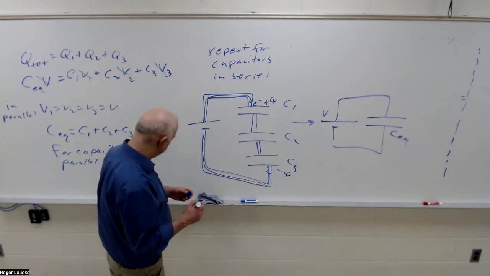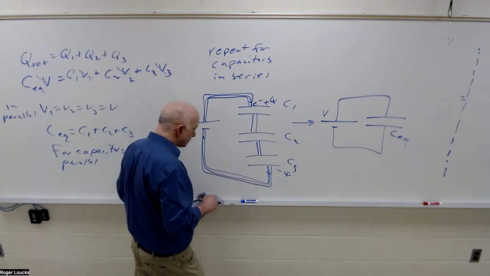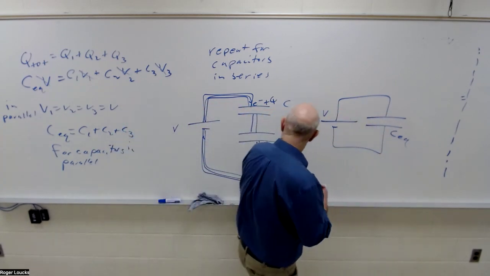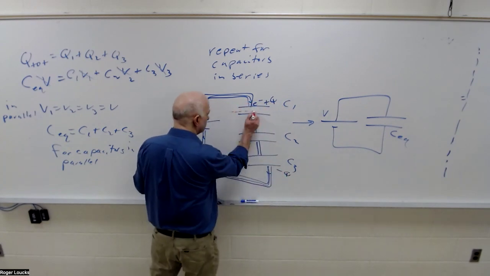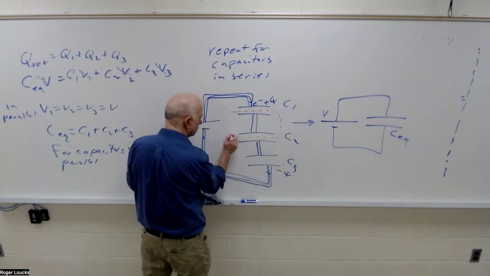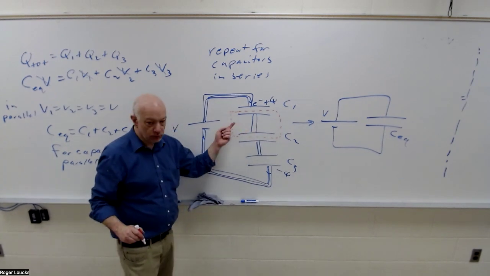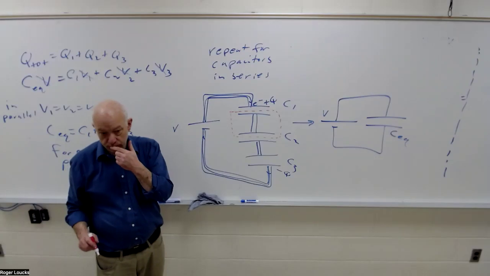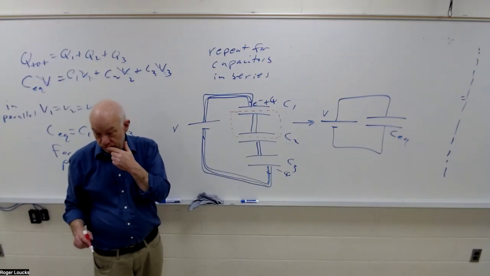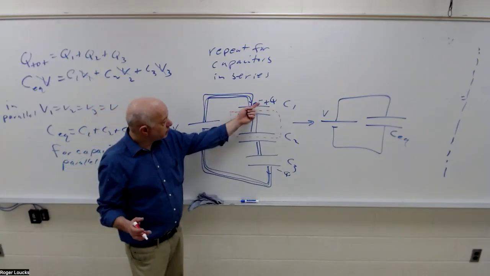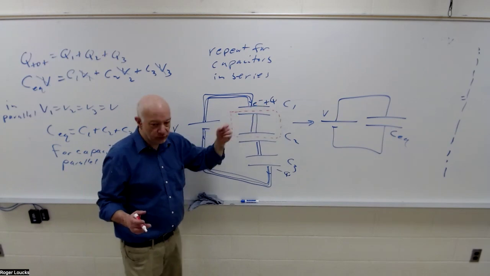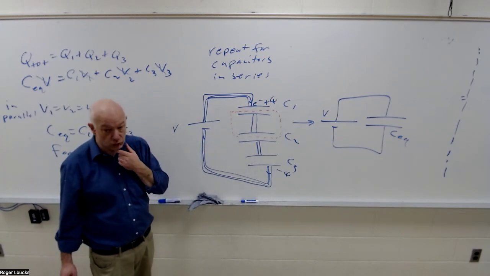Now here's the subtle point. If you look at this section right here, what is the net charge for this entire region? Zero. Well, if I have a plus Q charge here, what do you think that plus Q charge is going to do?